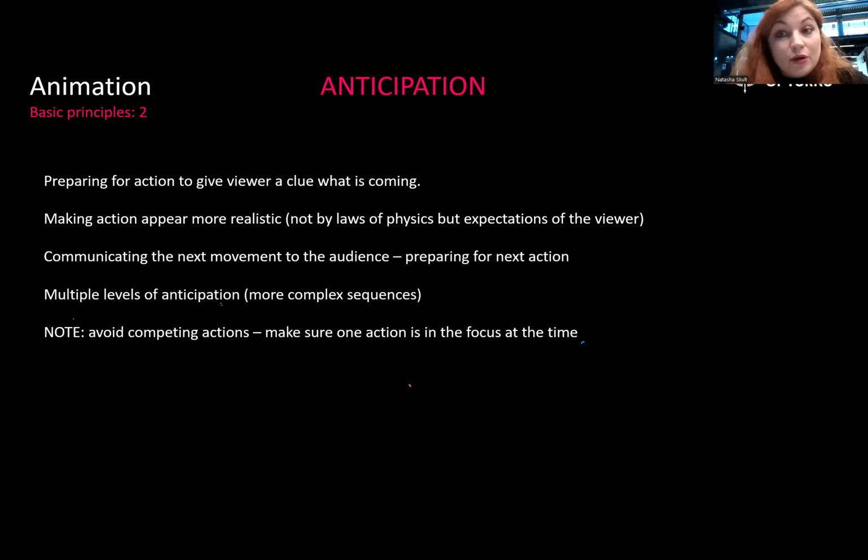So you can cheat a lot of stuff there. And there are multiple levels of anticipation. Some are more complex sequences, some are simple ones. But the thing is, when we are designing movement, we have to keep in mind that we have to avoid competing actions, because it always has to be the main action that one needs to focus on.